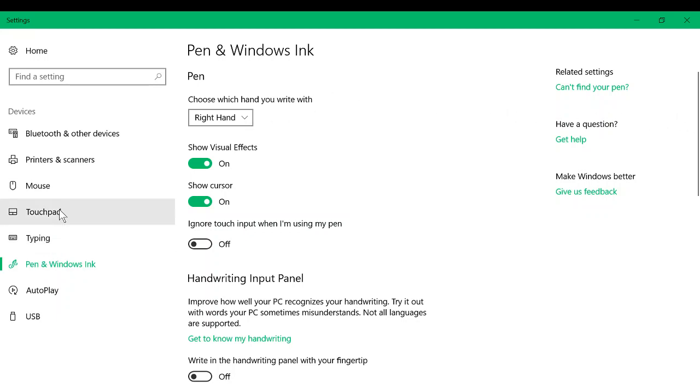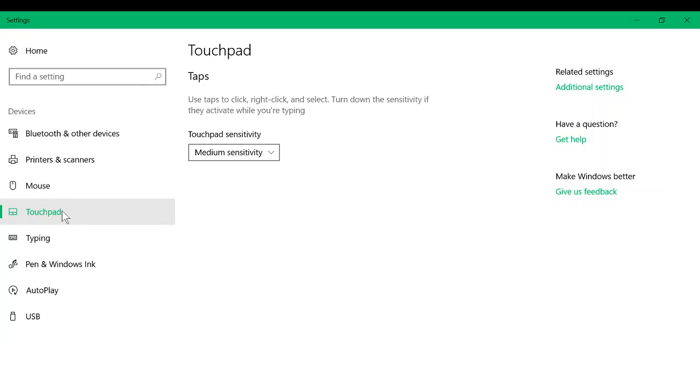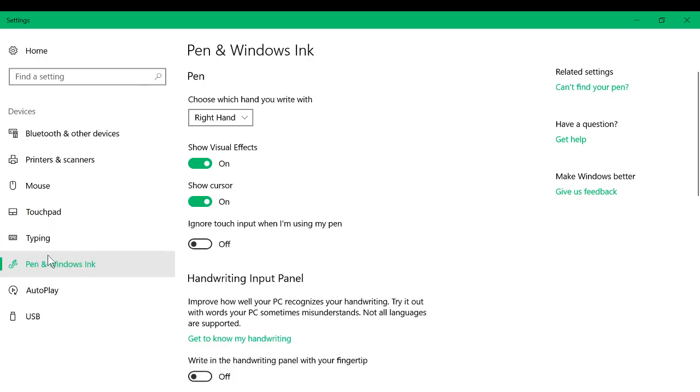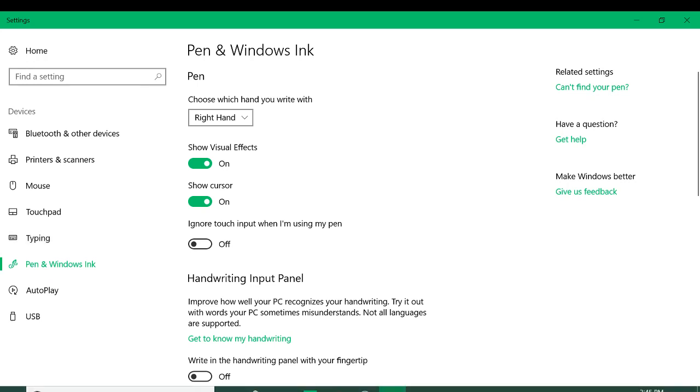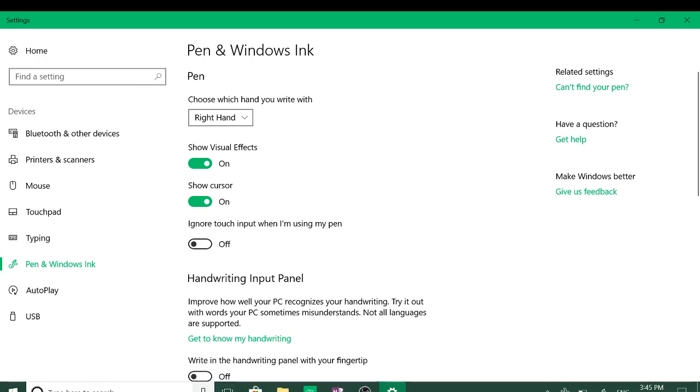Medium sensitivity. I don't think that's it. What is this called? This is called an oogie.